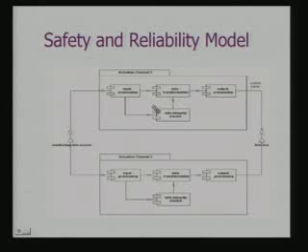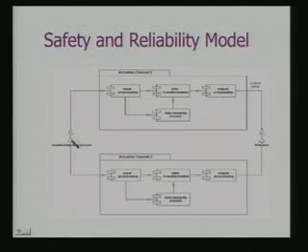Here we are showing different components: input processing, data transformation, data integrity check, and output processing. All these put together form your actuation channel 1. And for the purpose of redundancy, you have indicated that there will be another actuation channel, and they will both be connected to a monitoring data source, which is an actor.